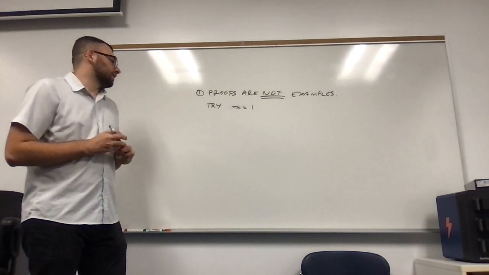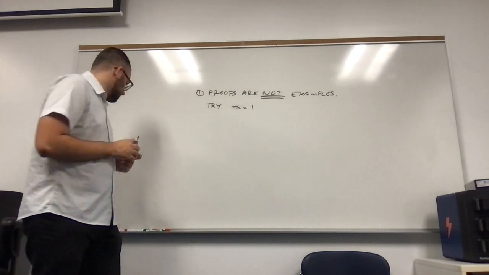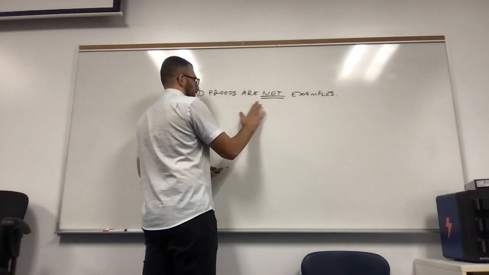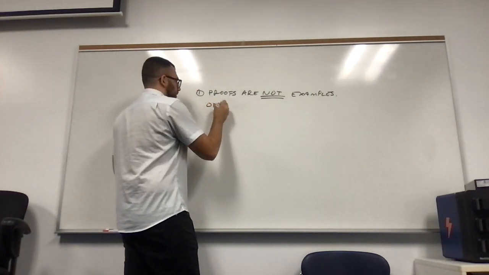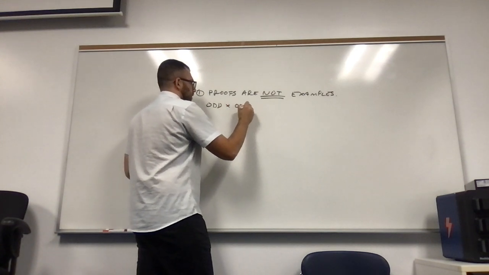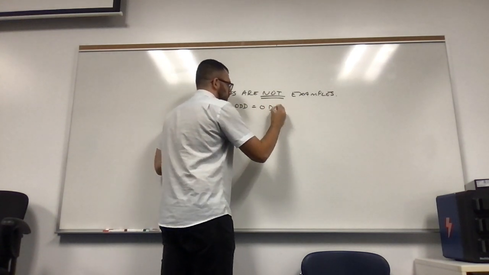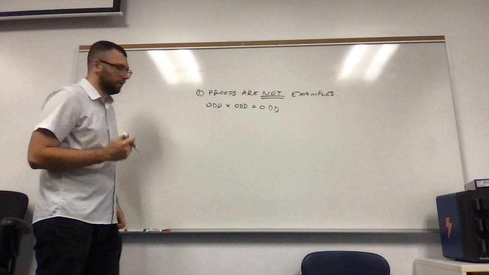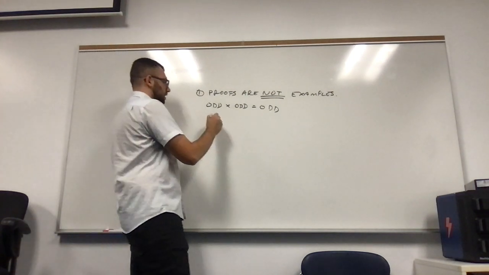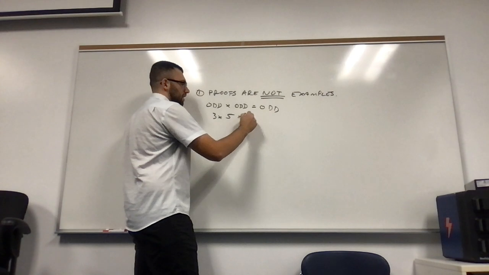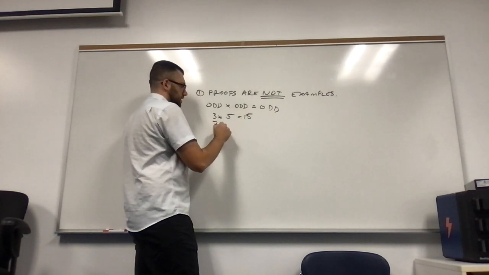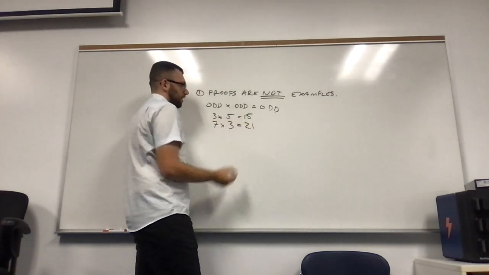Let's say I wanted you to show that an odd number times an odd number is an odd number. Maybe you say, well, we can check 3 times 5. Great, that's 15, it's odd. We can check 7 times 3, 21, great, it's odd.